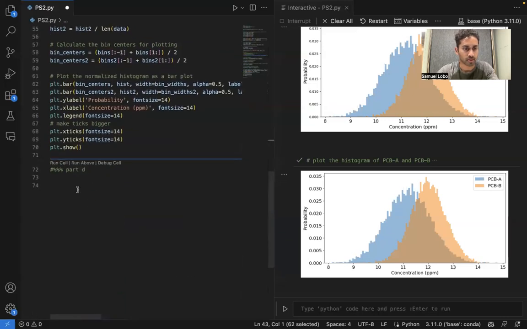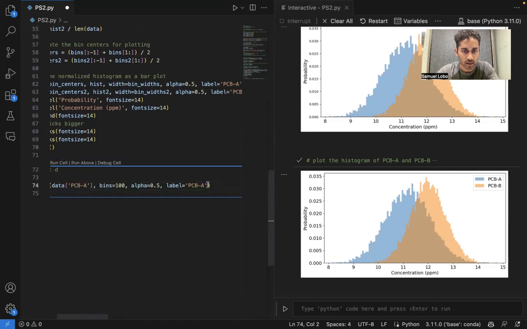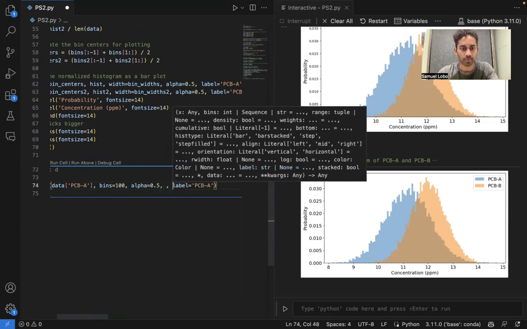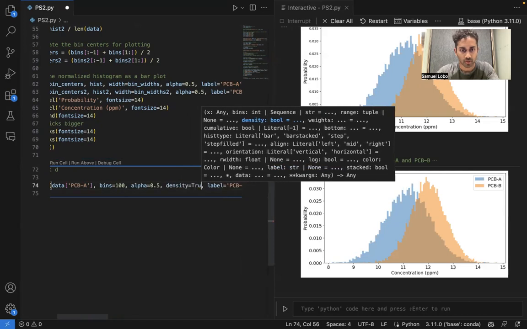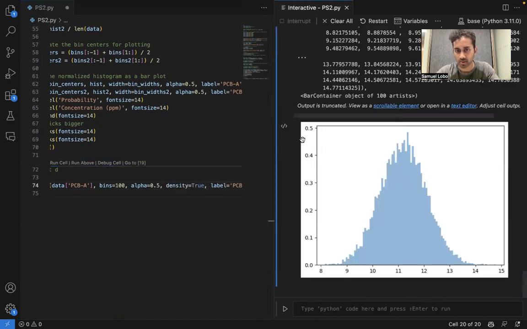So I'm going to take this, uncomment it, and put another argument here. You guys probably figure this out by Googling or asking ChatGPT, but if you say density equals true, then you get a different y-axis over here. So now it's between 0 and 0.5.